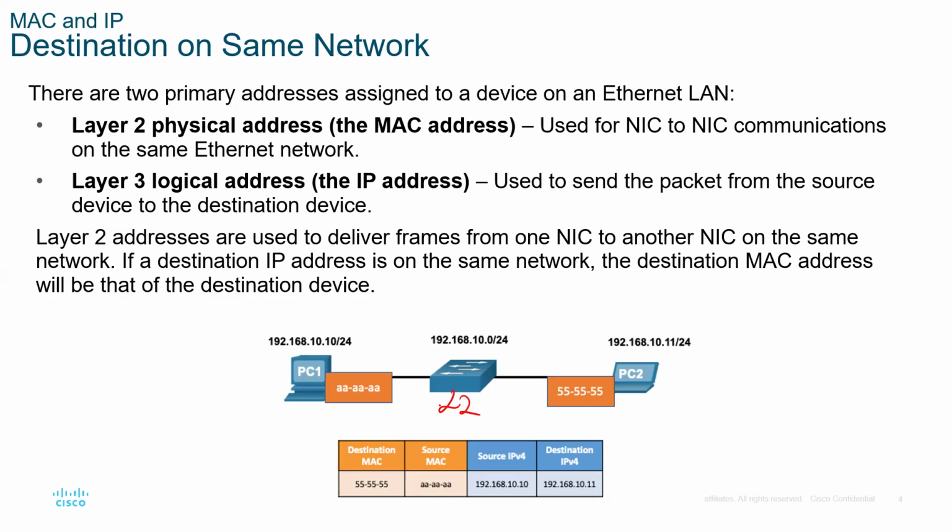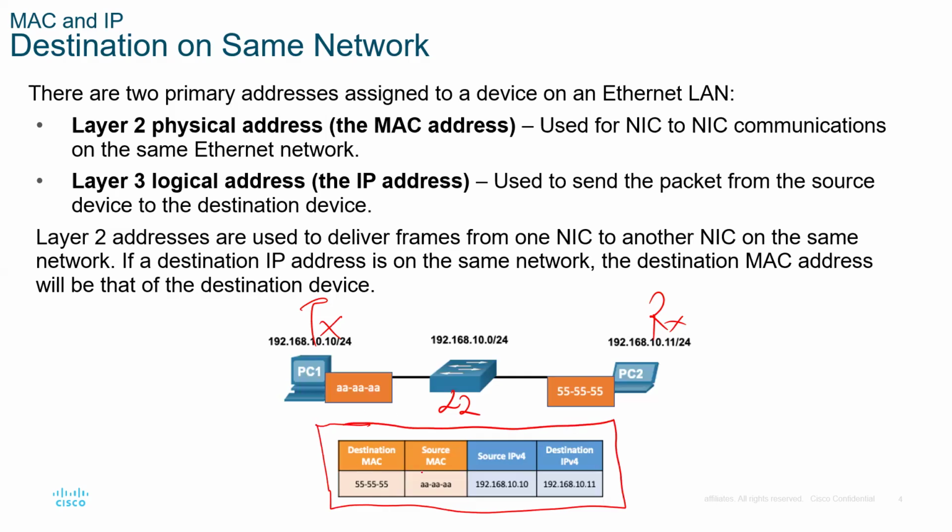If you only see a layer 2 device, then that means it is a local area network. So in this case, we are sending information. This is our transmitter, this is our receiver, right? This is part of the data.